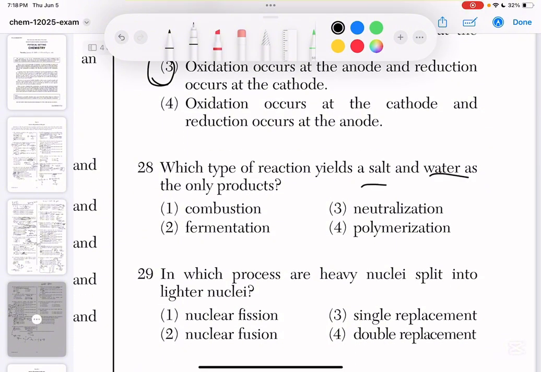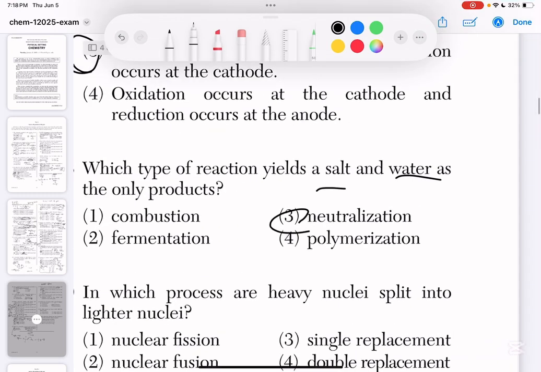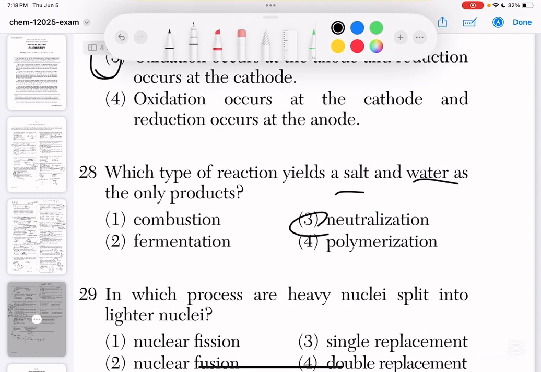Yields salt and water. So this one would be a neutralization reaction, because when you have any acid or base, let's just say HCl and KOH, they will make H2O and KCl, which is a salt.